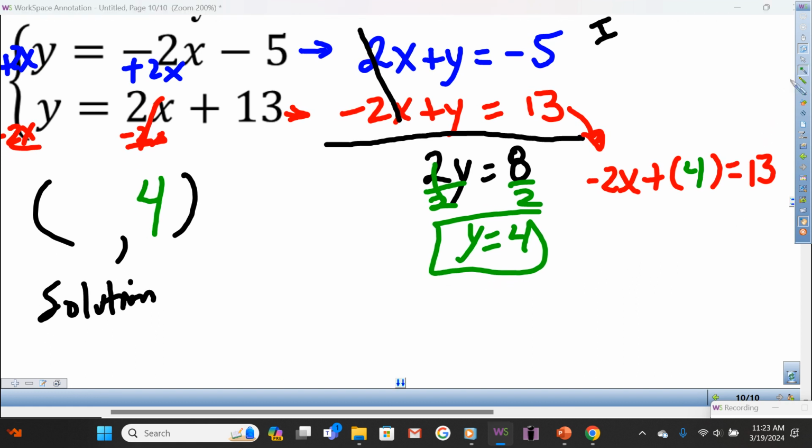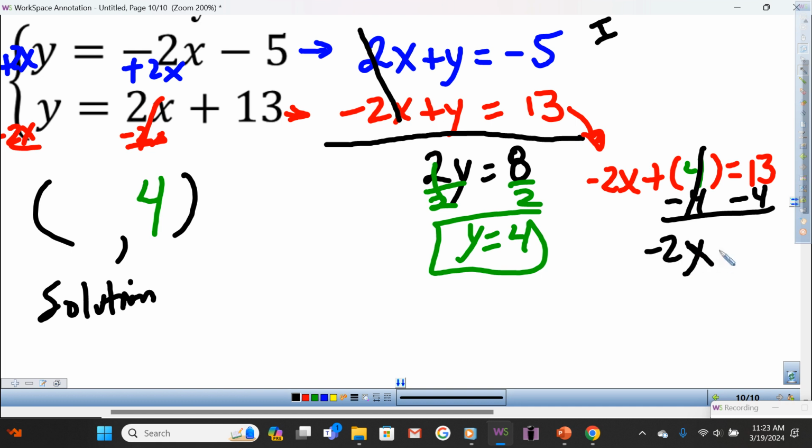So to leave x by itself, what's the next step? Courtney Jean, minus 4, minus 4. We end up with negative 2x equals 9. 13 minus 4 is 9.